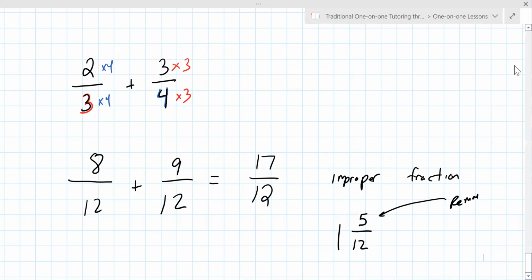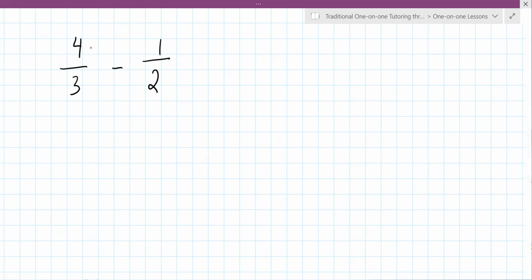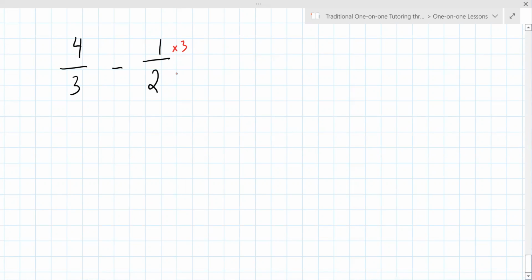Okay, let's try another problem here. Let's do a subtraction problem. Let's do 4/3 minus 1/2. Just like the previous problem, we don't have a common denominator. We have to make one. Hopefully by now you can just say, oh, it's times 3 on the left, and on the right it's times 2.